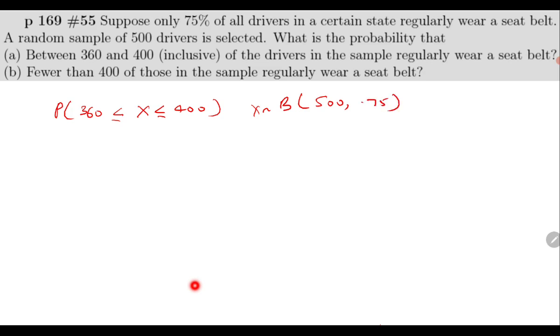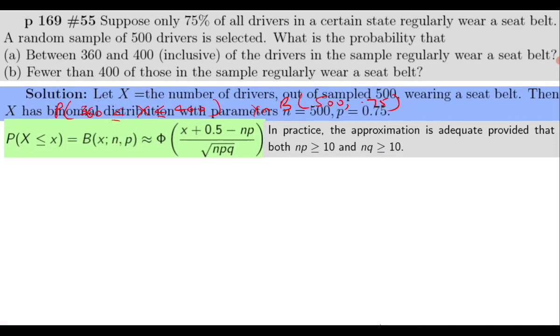Now you can of course solve it using binomial distribution, but in that case we may not have the table for such large values. We can approximate it using Poisson distribution, but we can also approximate it using normal distribution with an error of 0.5, and we can approximate when np is greater than or equal to 10 and nq is greater than or equal to 10.